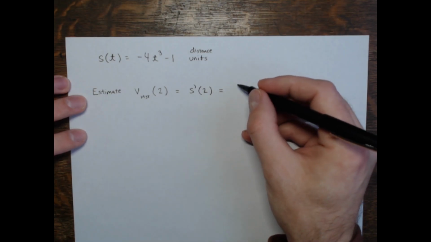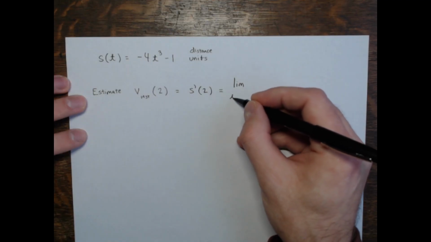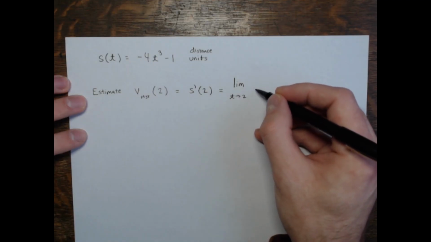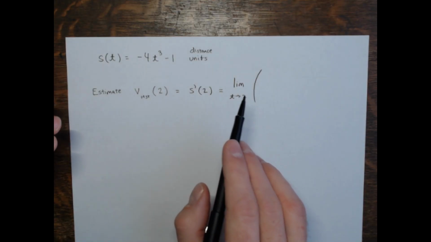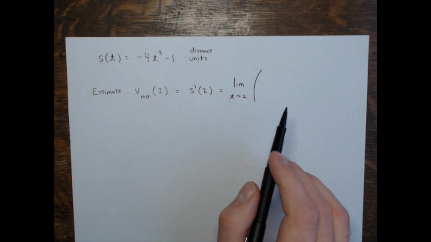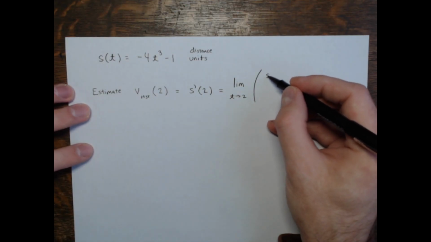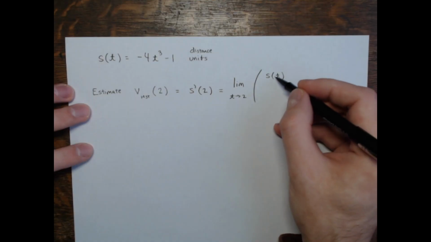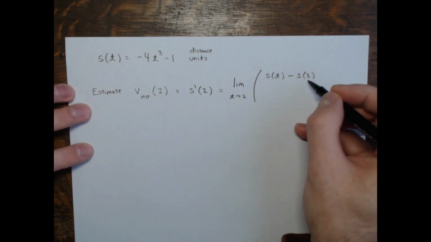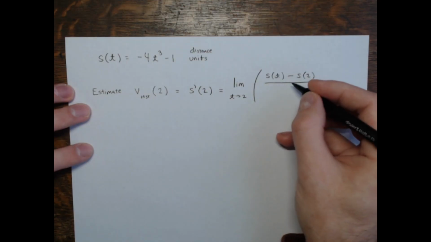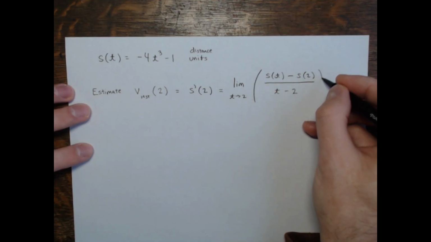So remember the definitions. Now I'm just going to use this one. We have the limit as t approaches 2, where we're at 2 and then some other value of time that's not 2, and have that approach 2, of s of t, the position at time t, minus the position at 2 seconds, divided by t minus 2, the change in time.